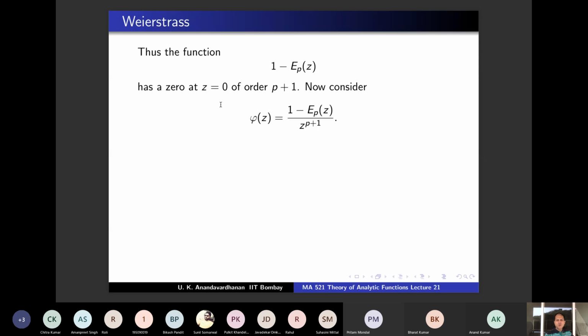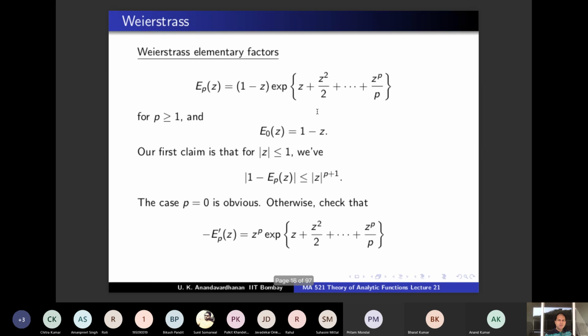Okay. And the thing to observe is that when you write this as a power series, what can you say about the coefficients? The coefficients of the power series correspond to the coefficients of the power series for this. E_p(z), if you expand, you have the power series for exponential, and you substitute.